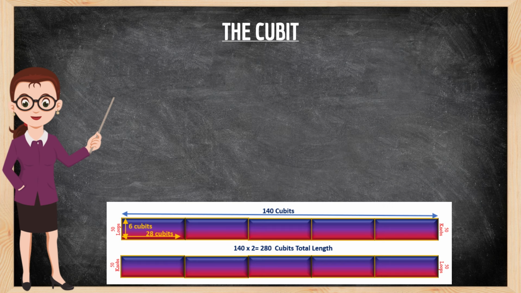Today, one of the most misunderstood and confused measurements of ancient origin is the cubit. Some claim the cubit is approximately 18 inches, while others 20 inches. Most evidence today points to a variation of these two measurements.